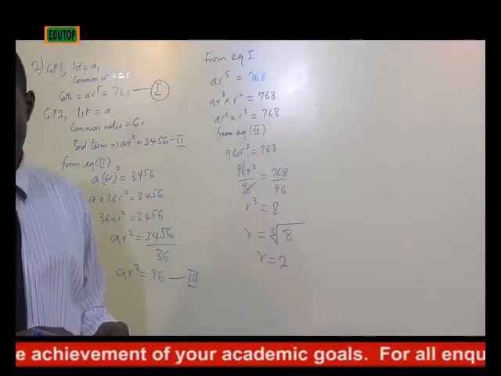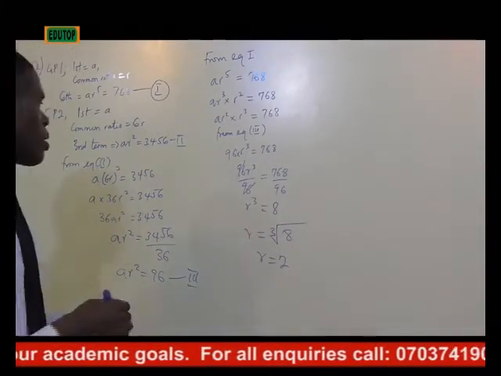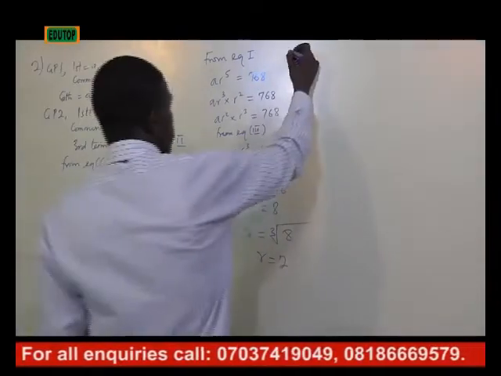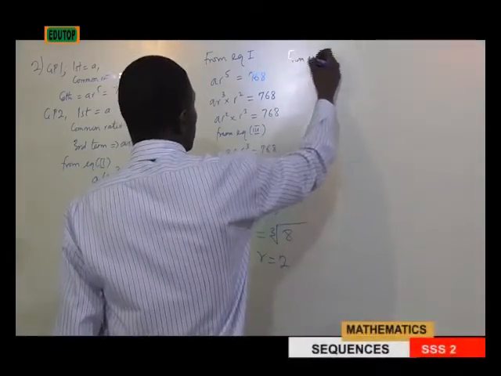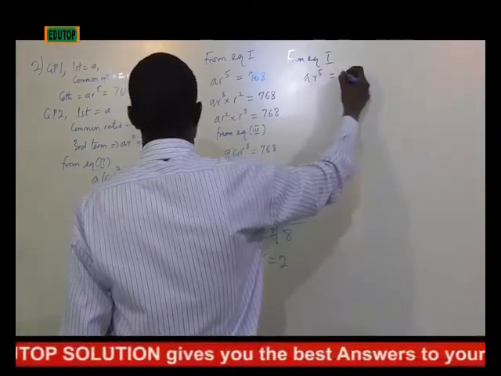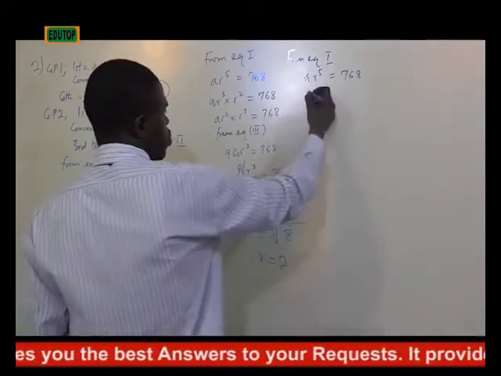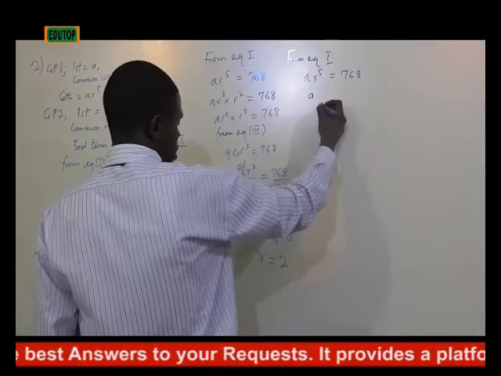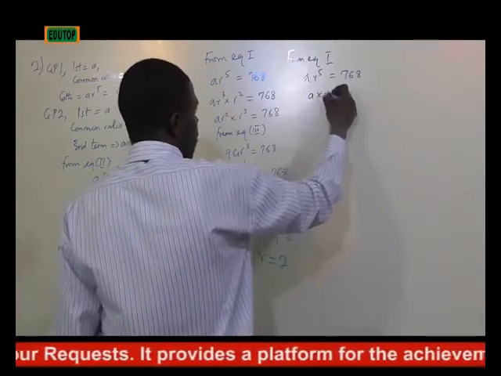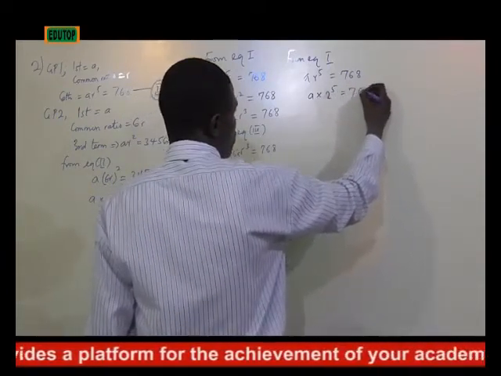And the question asks us to also evaluate A. So how can we now calculate our A? From equation 1, which says that AR raised to the power 5 equals 768. Since our R is 2, we can say that A times 2 raised to the power 5 equals 768.